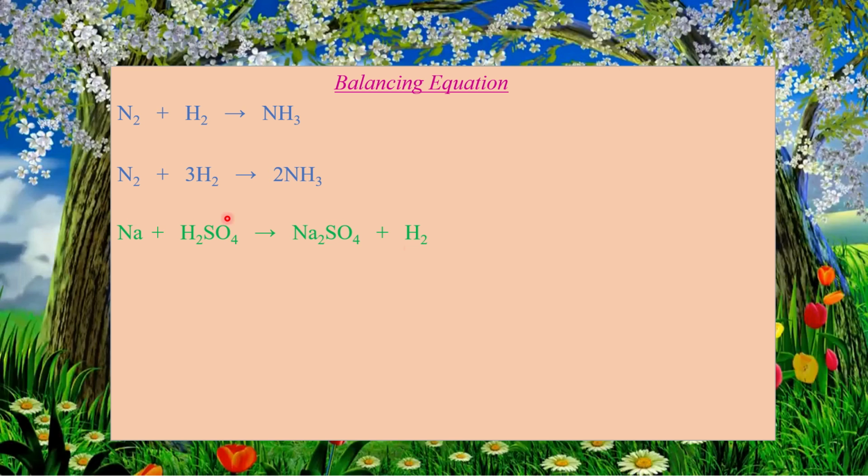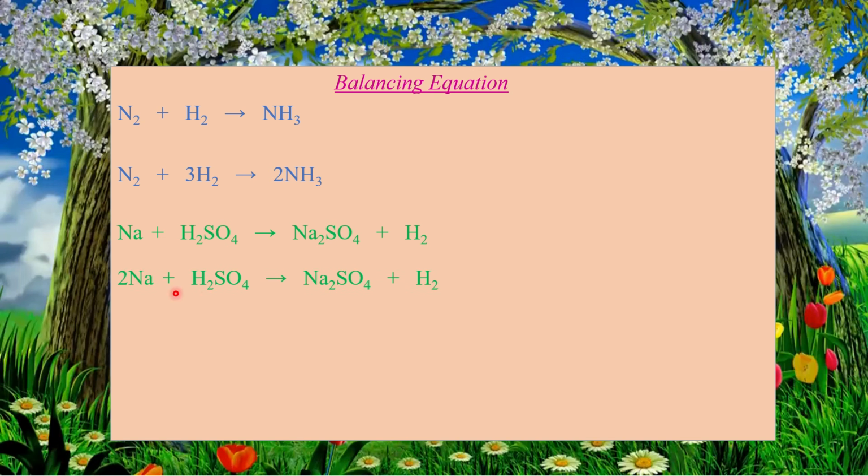Sulfate is not broken in the product side, so we can balance the radical sulfate. Here 1 sulfate radical, and on the product side also 1 sulfate radical, but only sodium is not balanced here. If we put 2 here, then the sodium will also be balanced and it will not hamper any other reactant or product.